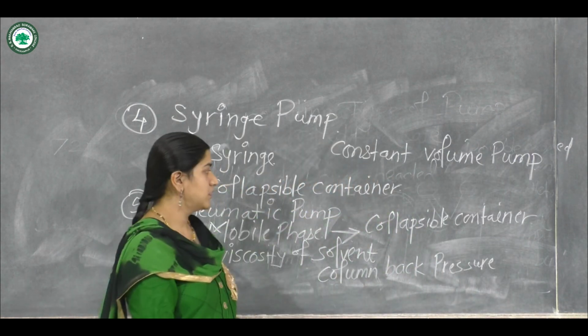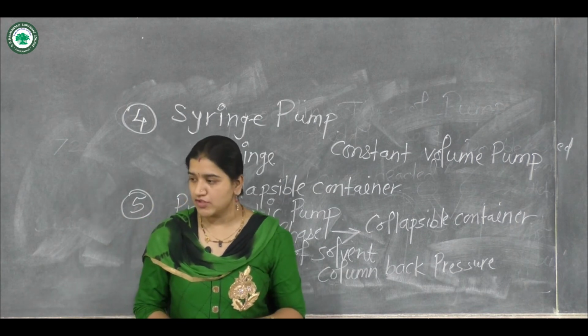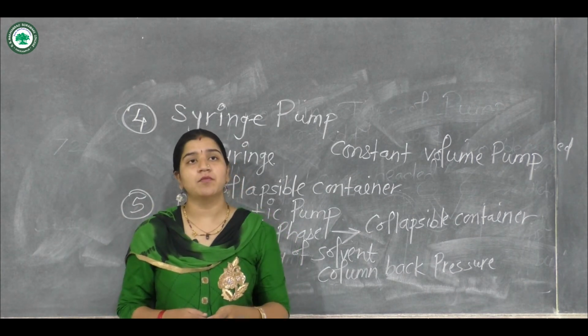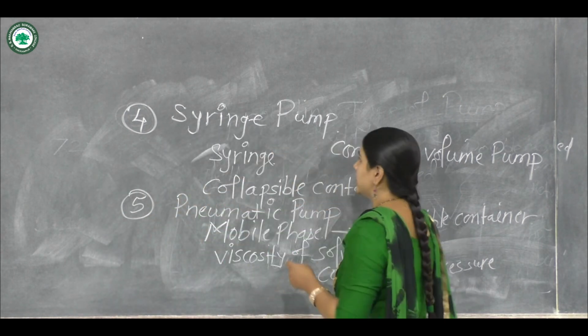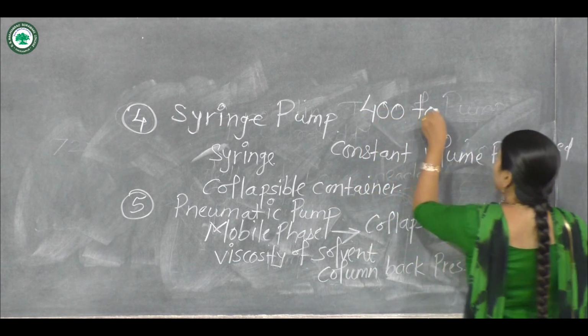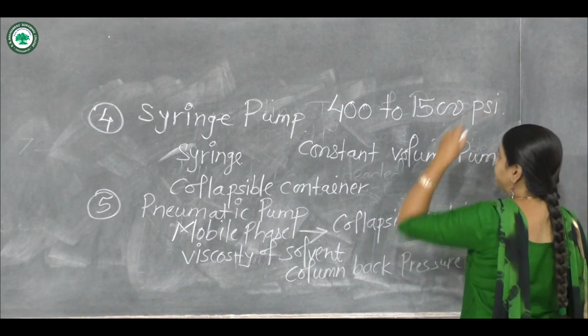So these are the 5 different types of pumps which are used in the HPLC. Normally the pumps which are used work in the pressure range of 400 to 1500 PSI.